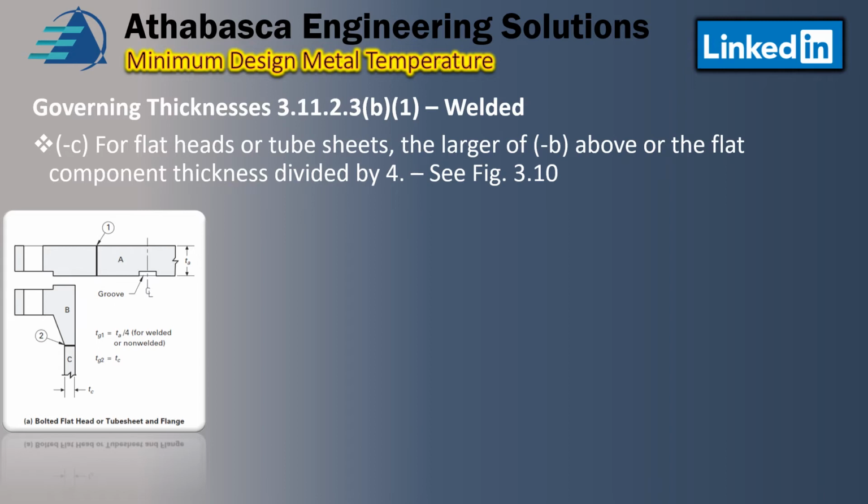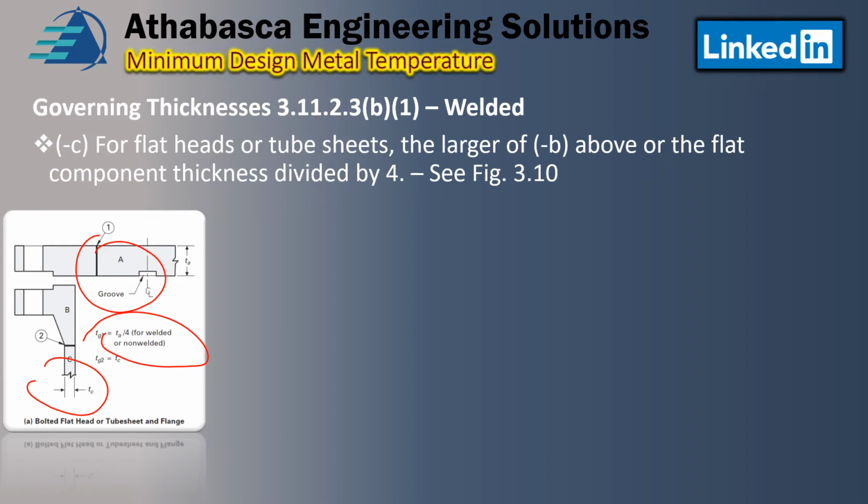You can take the thickness of the part, TA shown here, and divide that by 4. And then you take TC for the other part. This is pretty much exactly the same as Division 1.